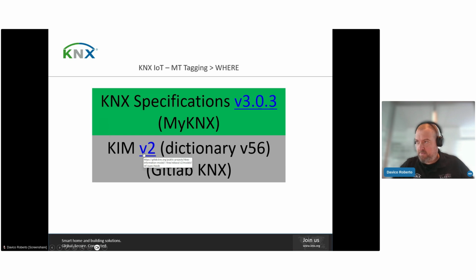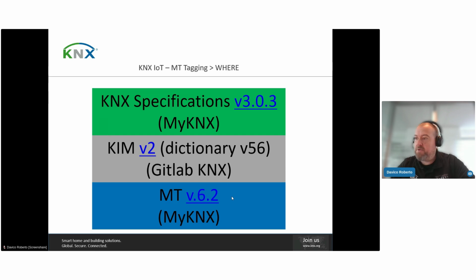I will open the link later, close to the Q&A session. Anyway, the link is here. It's in our public GitLab repo, and you should use the released version v2, which is updated to that version.